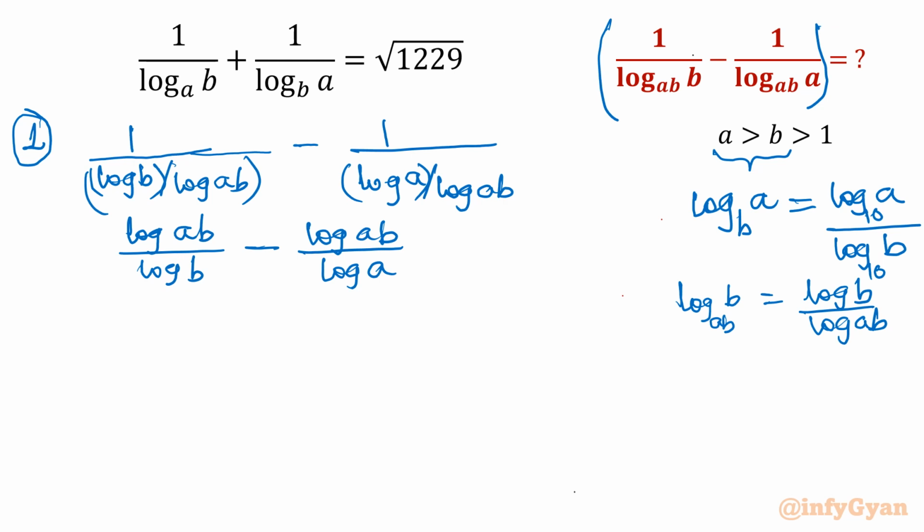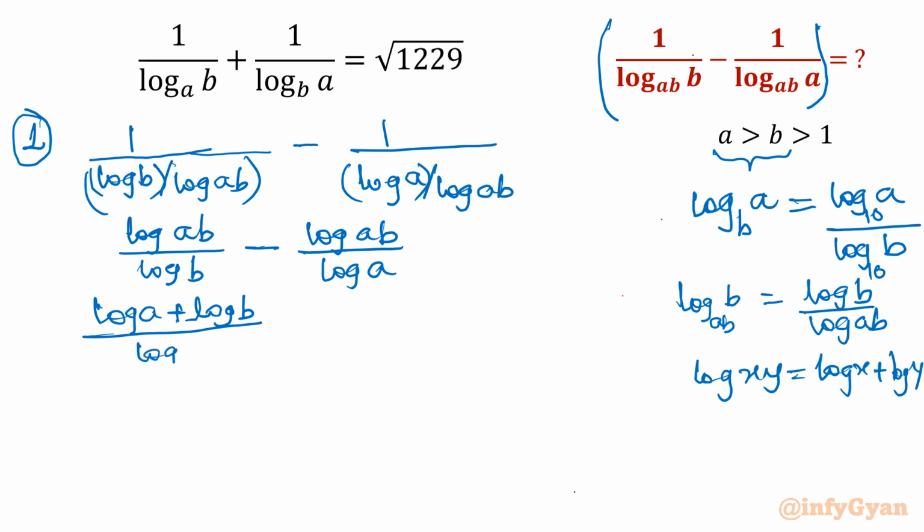Now, when log of xy is written, I can write log x plus log y. So I will use the same: I will have log a plus log b, base 10, over log b, minus log a plus log b over log a.